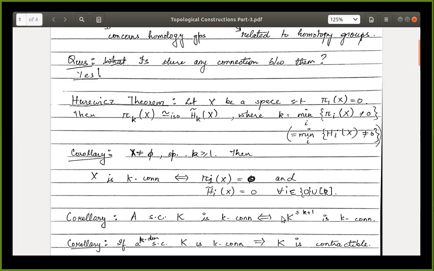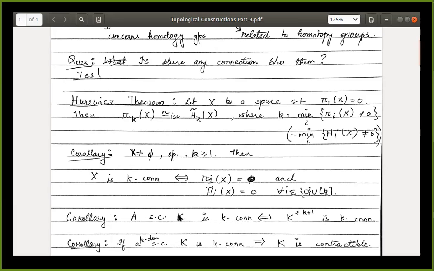Therefore, for k-connectedness, it is sufficient to look at the (k+1)-skeleton, and this space is k-connected if and only if this skeleton is k-connected, because the higher dimensional cells anyway would not contribute to it.